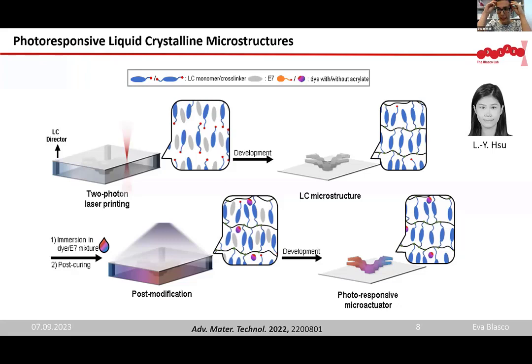You remember that I told you before that together with the monomers, we have the E7 mixture in the formulation, which is kind of a guest. So the idea here was, okay, we continue with our printing methodology that is working, and then in the development step, we exchange this E7 with a dye, because we have, of course, some space from the molecules that were already in the 3D printed structure, and then we don't have any more constraints in the printing wavelength.